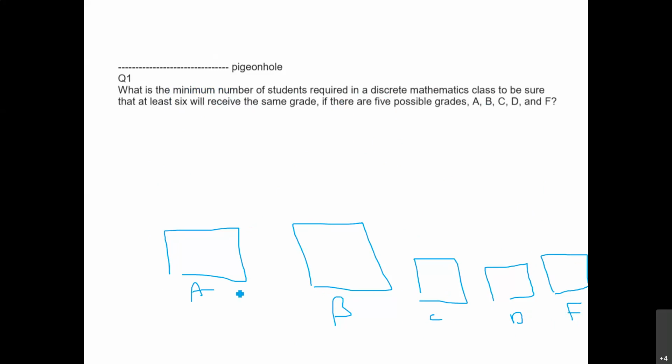So that, for example, 6 get an A, or 6 get a B. It's the least number you can think of. Take a minute on that. Try to relate it to the pigeonhole.